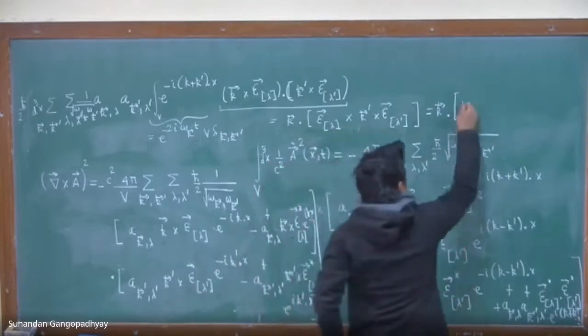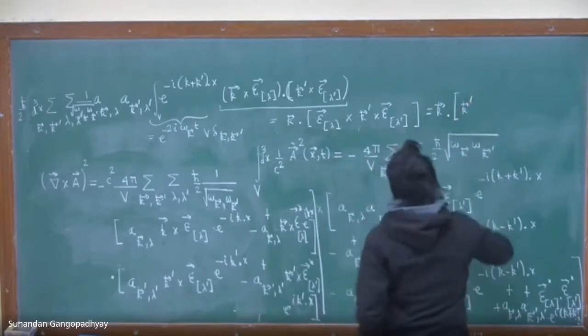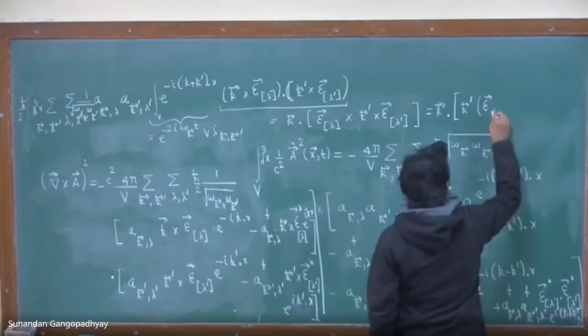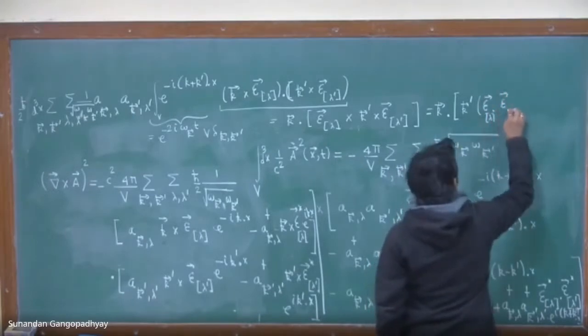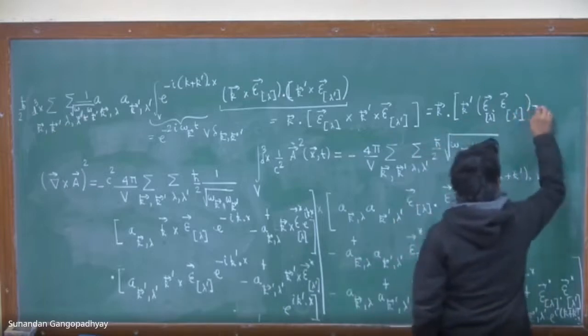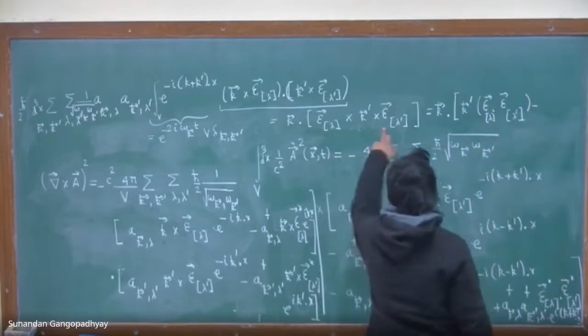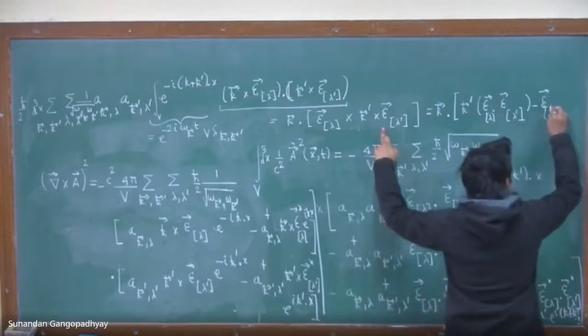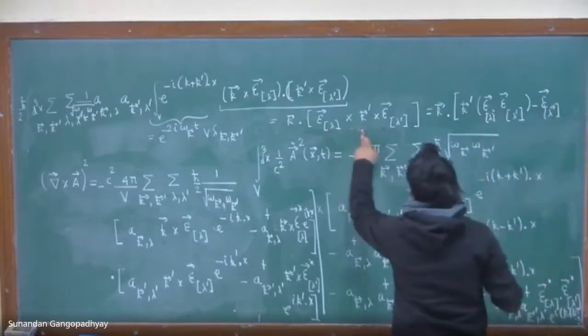So this will be k prime, epsilon lambda dot epsilon lambda prime, minus cap, epsilon lambda prime, this dot this.